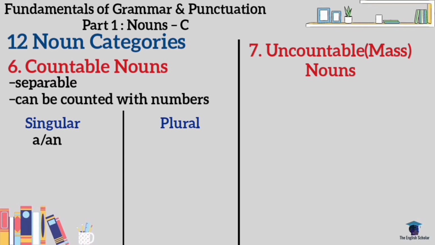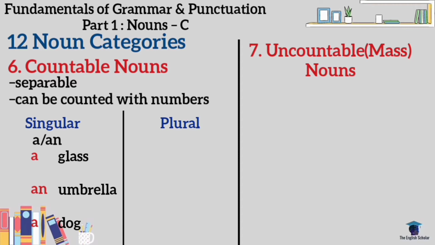Let's have a table with 2 columns, one for singular and one for plural. For singular, we have the nouns glass, umbrella, and dog. And before these words, we put the articles a or an. We use a if the word starts with a consonant, and we use an if the word starts with a vowel.